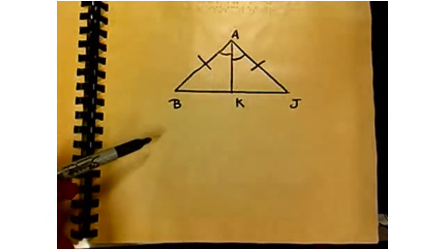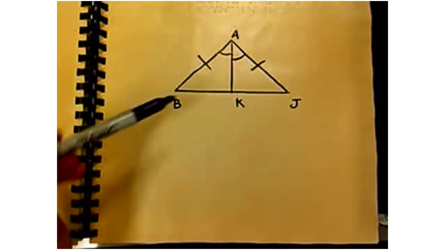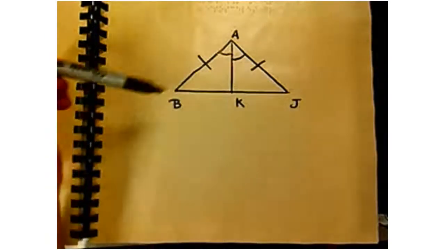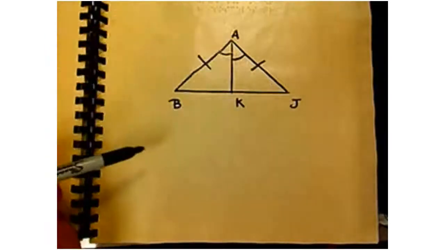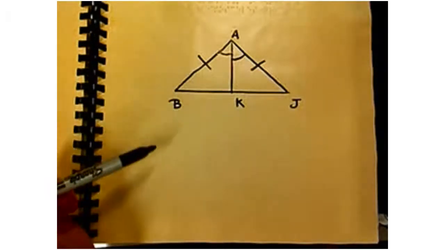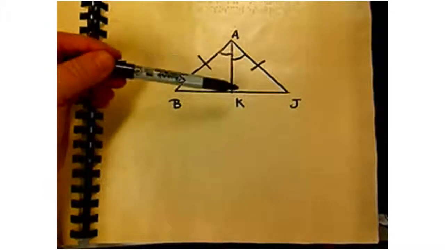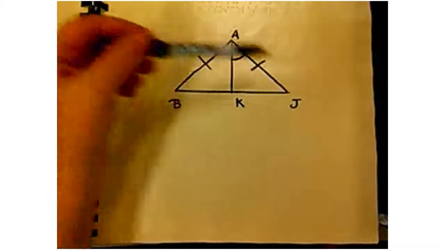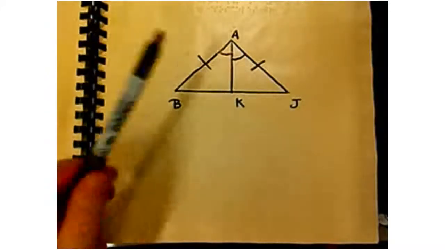In writing underneath, it says if angle BAJ, so the big angle of vertex A, if triangle BAJ is isosceles, and AK bisects BAJ, then the following statements are true.